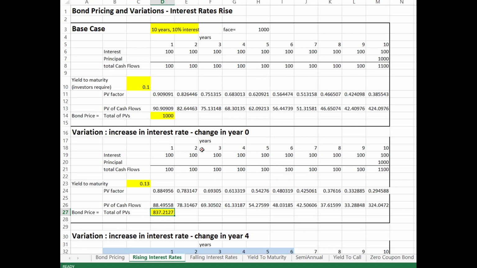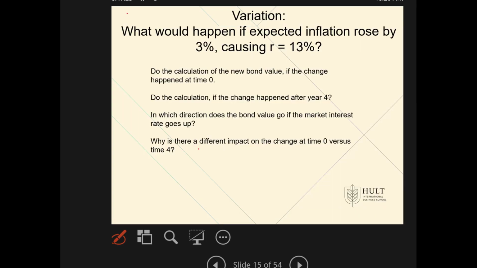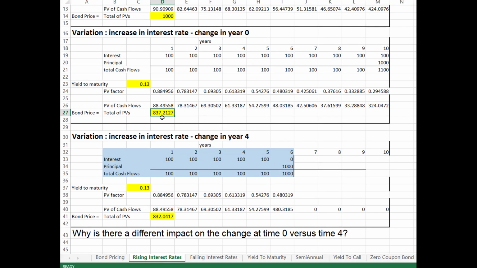It's an opposite effect. Now the next question is what happens to the price when the change happens in year 0 versus in year 4. And that's this comparison. If it happens at T0, then the drop is to 834. If it happens at T4 instead of T0, then the price is 832.